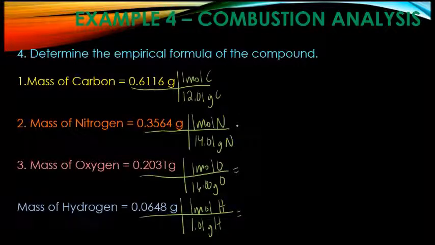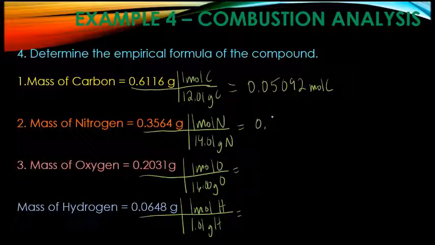Calculate all those out, and then we'll decide on which one will be the smallest and what we need to divide by. So for the carbon, we get 0.05092 moles of carbon. For the nitrogen, it ends up being 0.02544 moles of nitrogen.